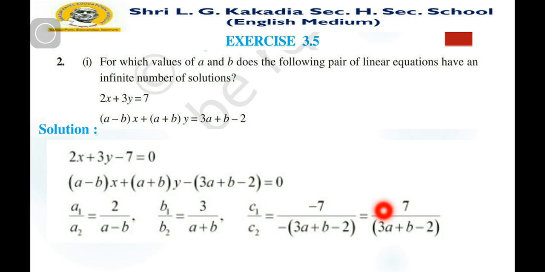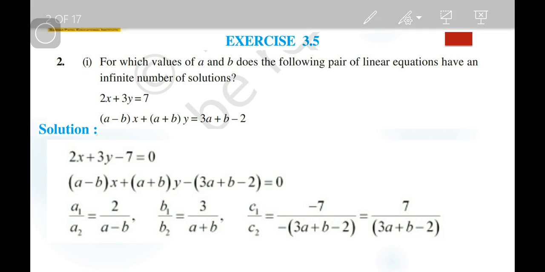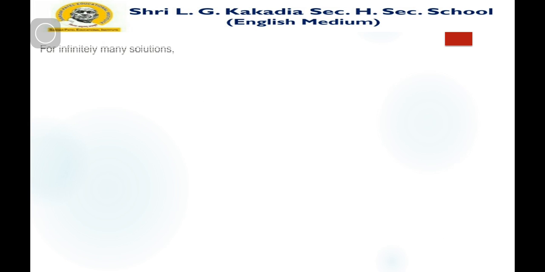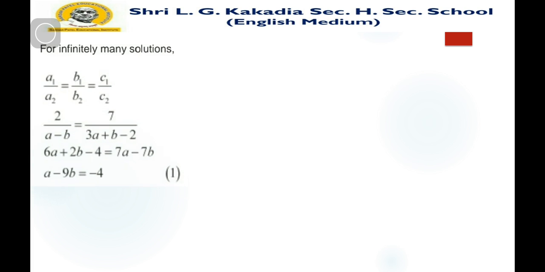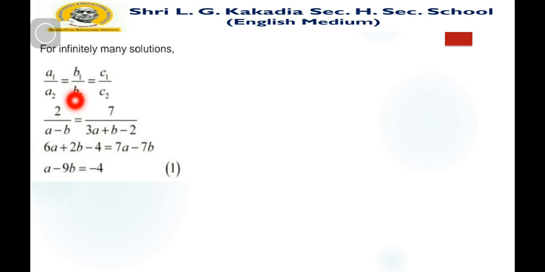Now, it is given that for infinitely many solutions, we take the ratios a1 by a2, b1 by b2 and c1 by c2, and then we compare.